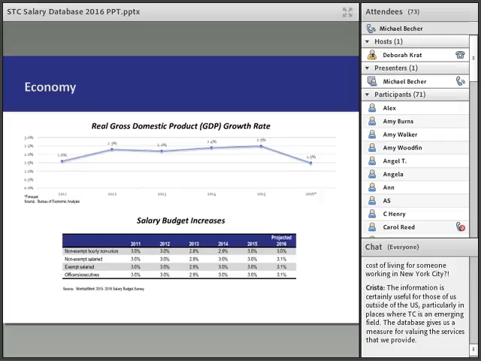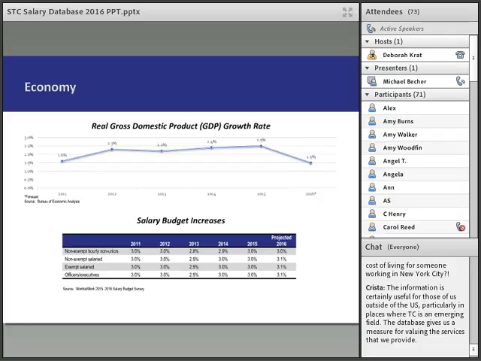The table at the bottom of the slide is data from the WorldatWork Salary Budget Survey. They send out a survey every year to a variety of different companies across all types of industries and professions, and ask basically, what are your projected salary budget increases for the following year, and what was it for this past year?